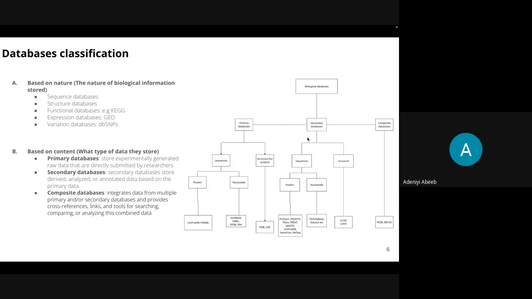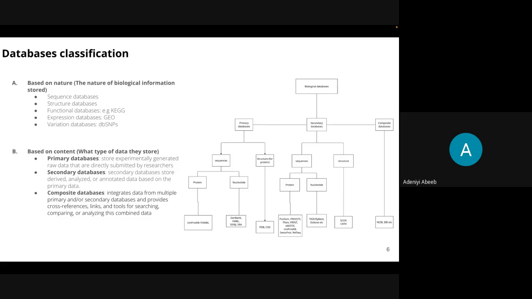If what they hold is analyzed or curated data, you categorize them as secondary databases. And composite databases are databases that tend to consolidate, bring together or harmonize all of these different databases.